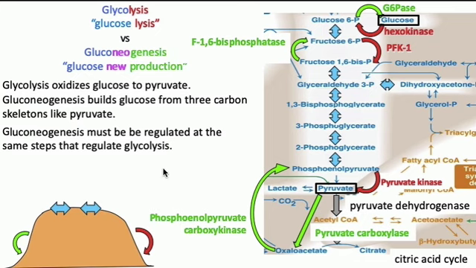Accordingly, each of those negative energy steps that was regulatory in glycolysis, shown in red, must be reversed by a different negative energy step, shown in green, in gluconeogenesis. For example, pyruvate kinase in gluconeogenesis must be reversed by an alternative pathway which begins with pyruvate carboxylase.